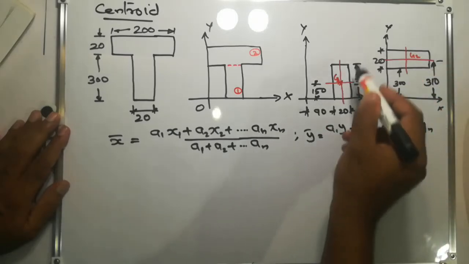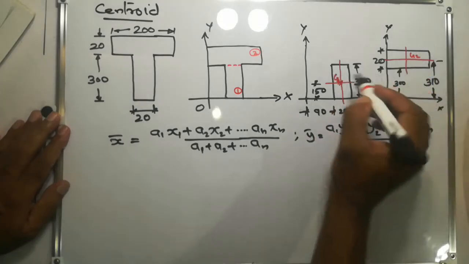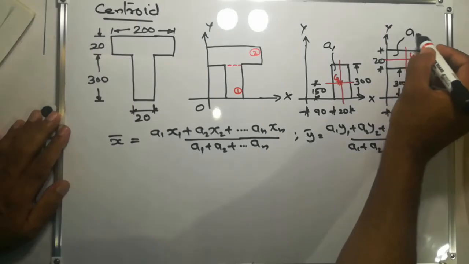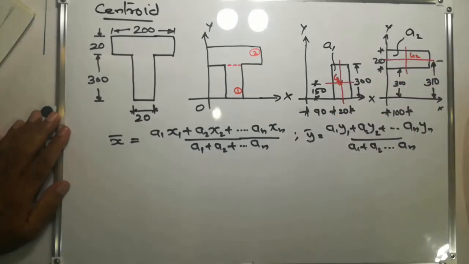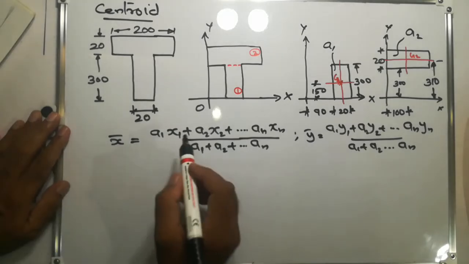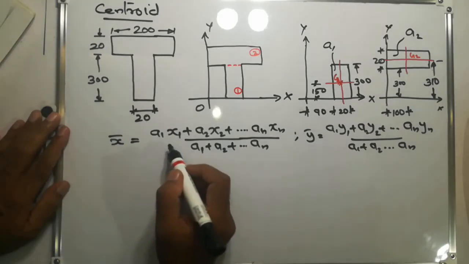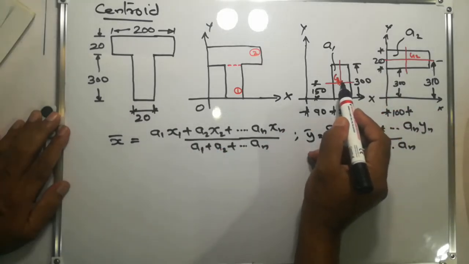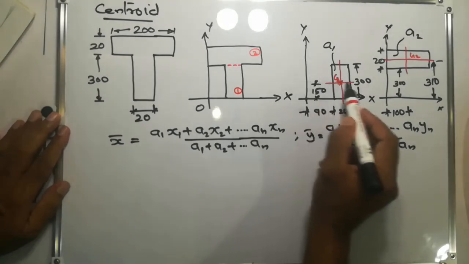The x1 is the distance of the centroid of the first rectangle from the y-axis. So this is x1.